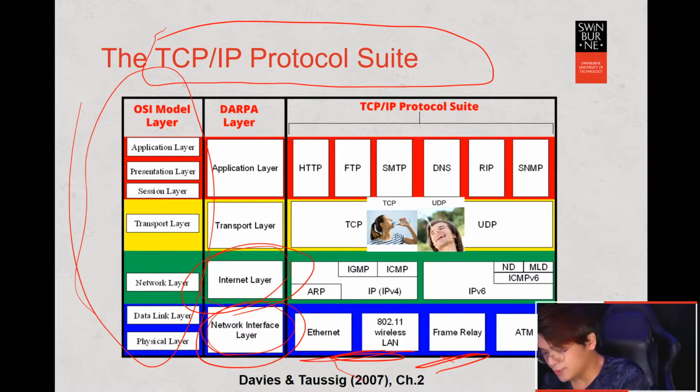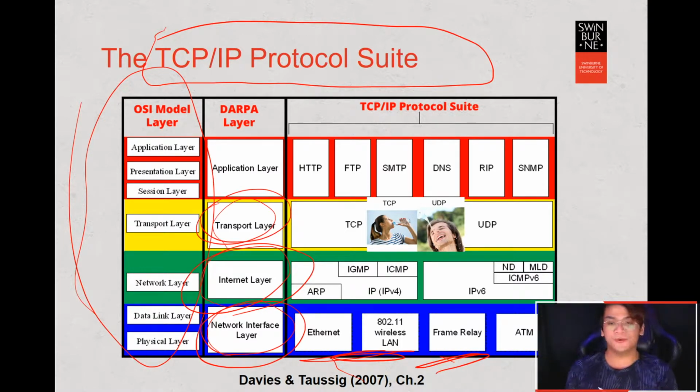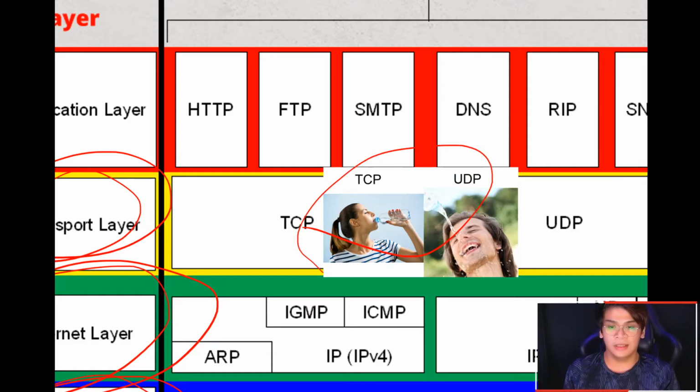And then we have the transport layer. In the transport layer is where the TCP and UDP protocols exist. As you can see from the way that people drink in the picture, they drink water in that picture. It explains how TCP and UDP work.